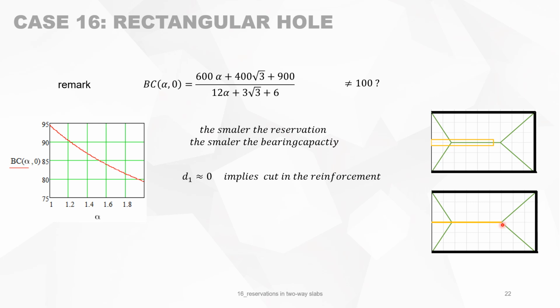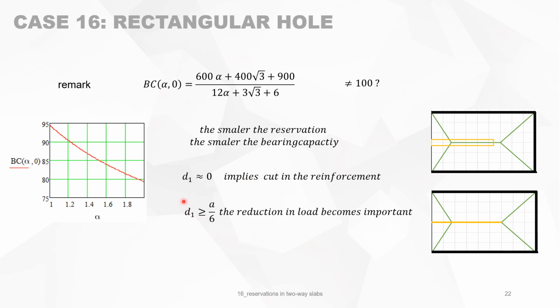So what happens when it's very, very small? Well, theoretically, this yield line is cut in the formulas automatically, and because this yield line is not visible in the formulas, here we do not have 100%, because it's like a very fine cut in the slab and the yield line does not work.